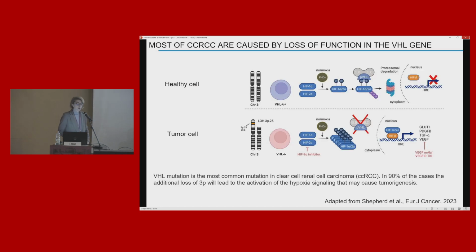In the lab, we focus on clear cell renal cell carcinoma because it's the most abundant histological subtype with the highest risk of metastasis. In many cases it is caused by a mutation in the VHL gene.